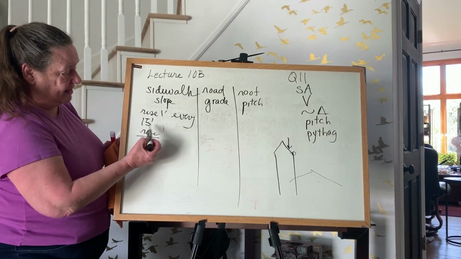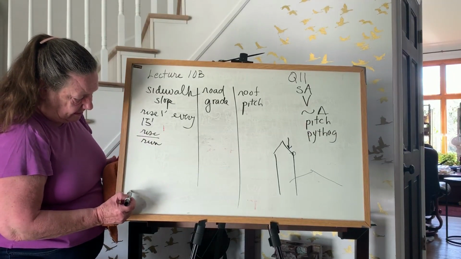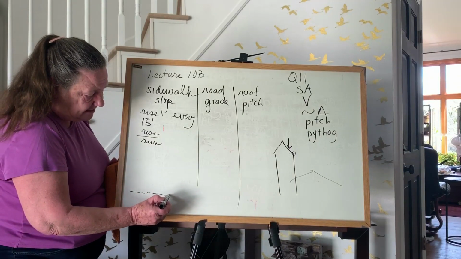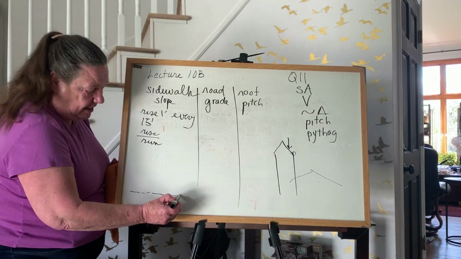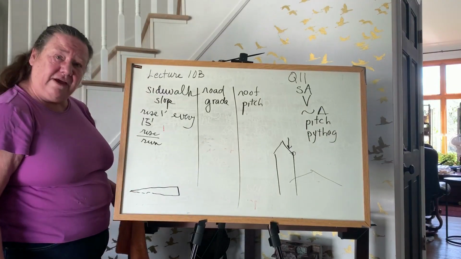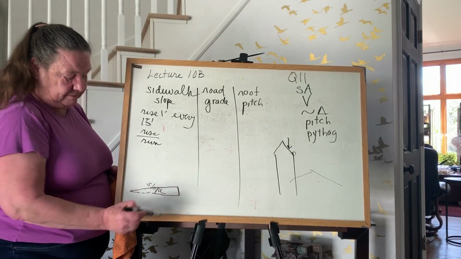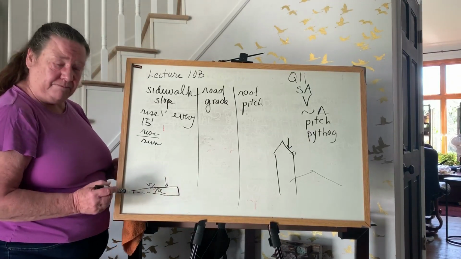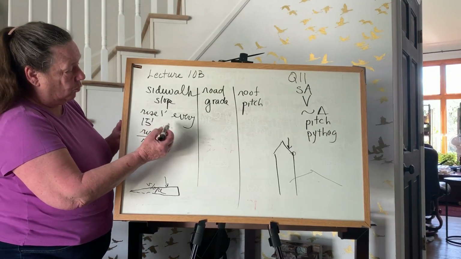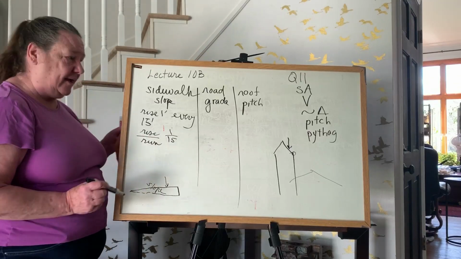So it is running every 15 feet: 1, 2, 3, 4, 5, 6, 7, 8, 9, 10, 11, 12, 13, 14, 15, and rising 1 foot. So there's the slope of your roof up here. So the slope would be rise over run.